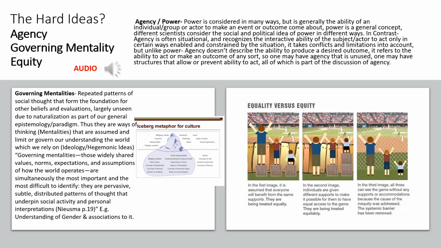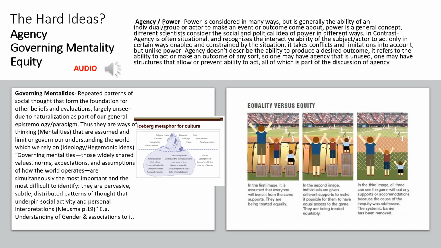So they're ideas that we hold that are linked to or built in so that other ideas can be present, can be made manageable, can do things. And those governing mentalities tend to be broad assumptions about the world that we don't question. They are what's called naturalized beliefs, right? We don't think of them as things we learned. We just think of them as things that we know about the world.